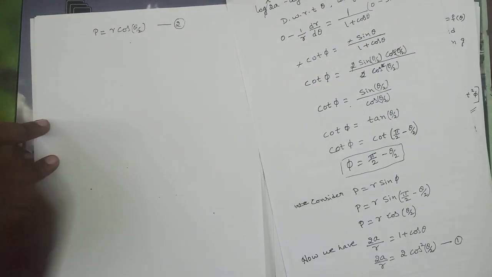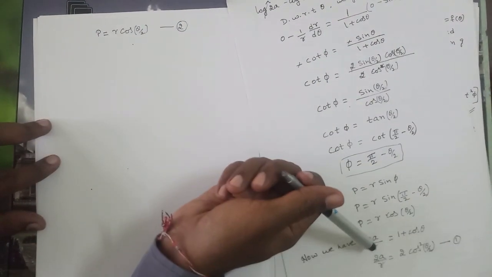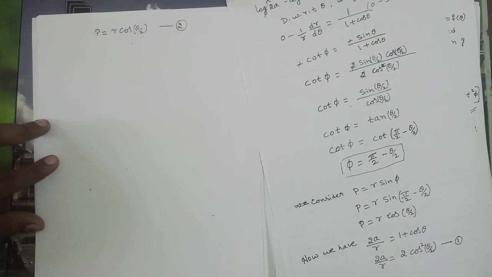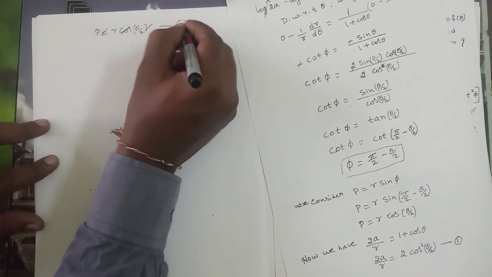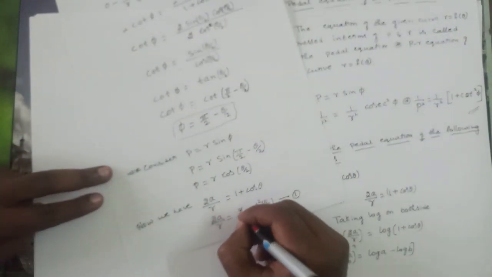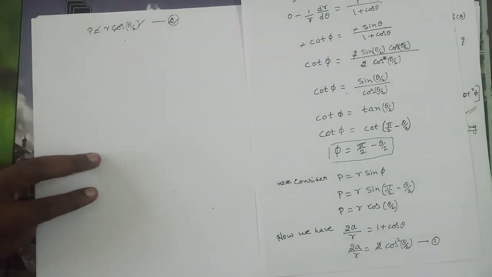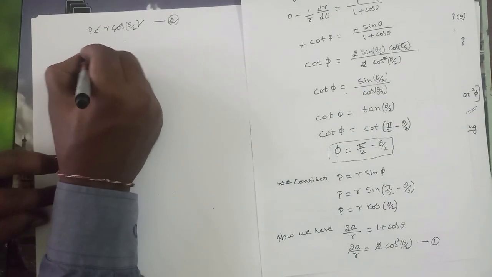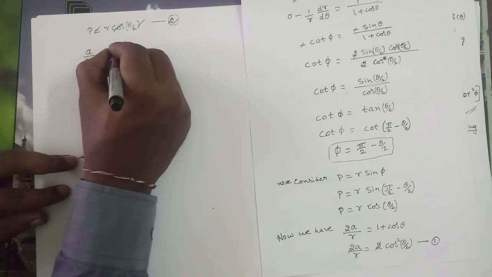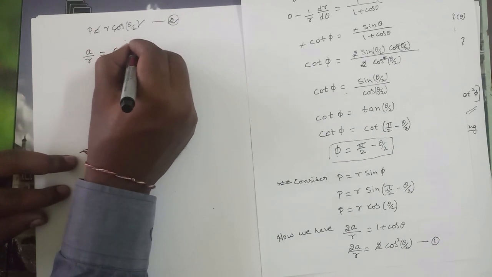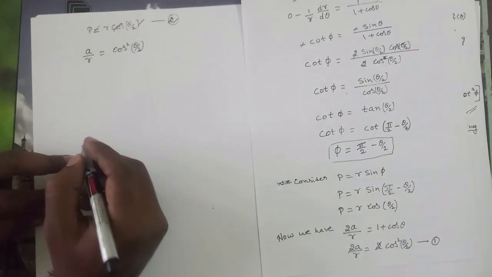So what happened now here, before that I can cancel this, 2 also you can cancel. So what you get, A by R equals cos square theta by 2.